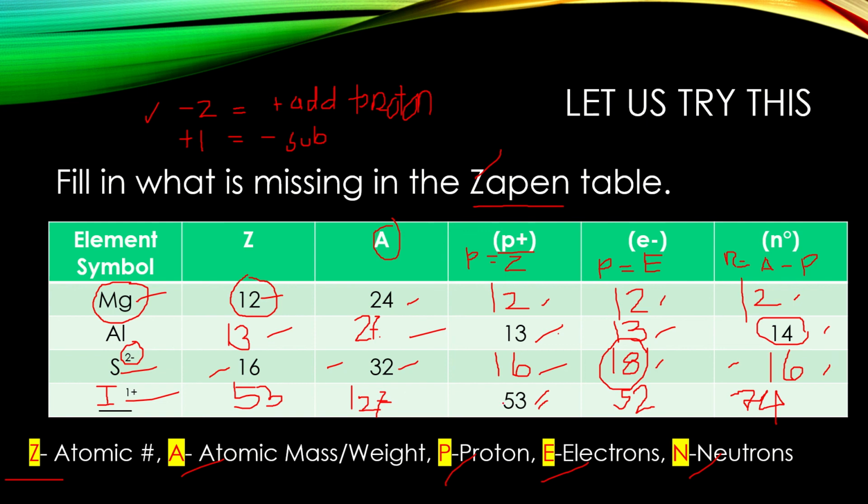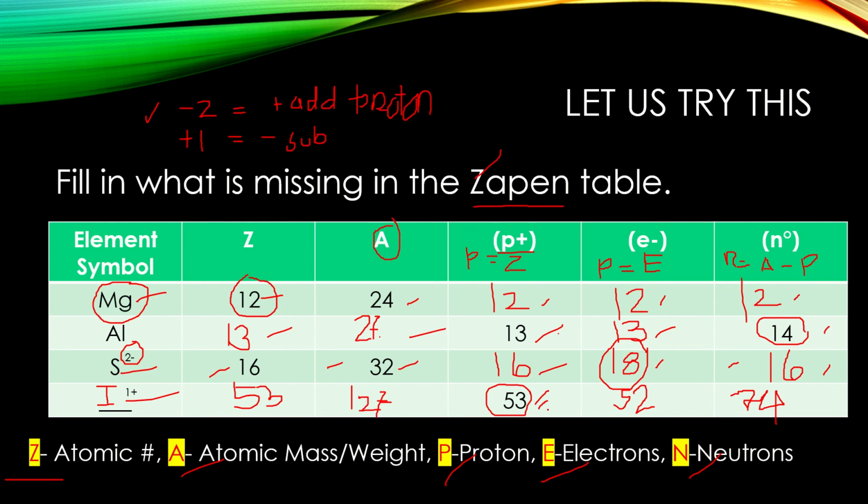Next, proton. How can you find the proton? Again, either neutral or unstable atom, the atomic number is the same as the proton. So all you need to do is to copy the atomic number and just put it in the number of proton.